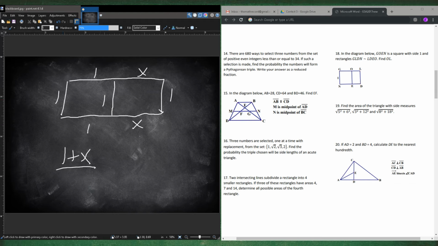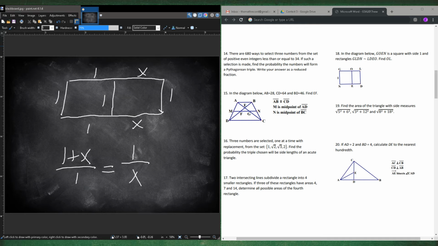So let's have L and N. So GL is the top portion and LD is the bottom portion, which is just 1. It's equal to LD, which is 1, over DE. So DE is X. So that's what they're telling us.